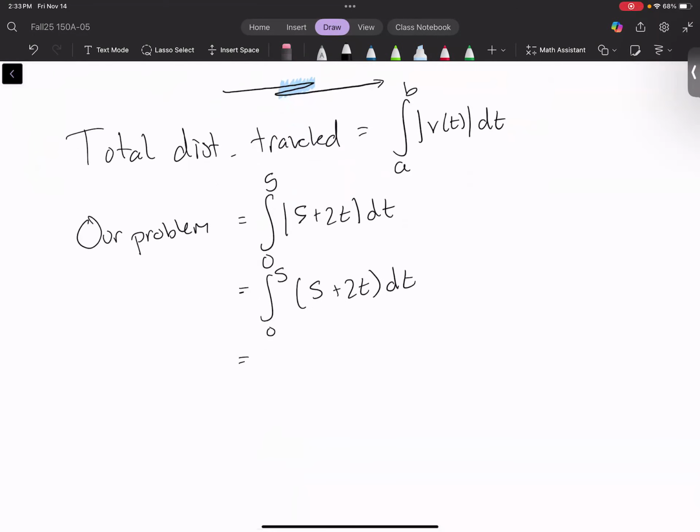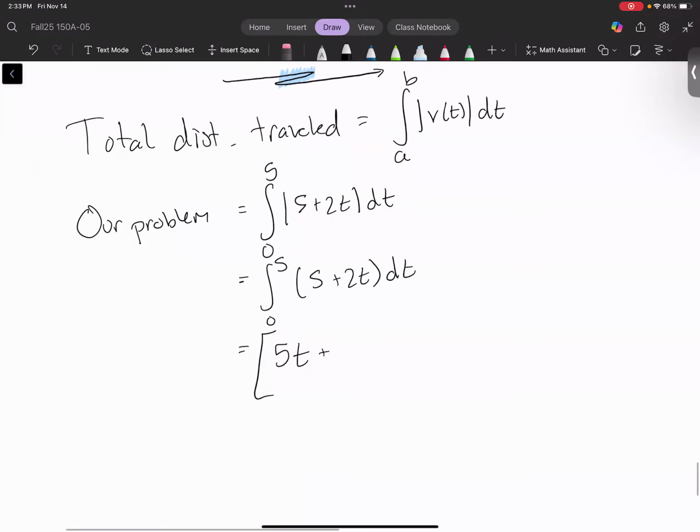Okay, so the antiderivative of a constant like 5 is simply 5t. Now, the 2t, the plus 2 hangs along, and then for t, I add 1 to the exponent, which is 2, and I divide by the new exponent. I'm going to plug in 5, so I have 5 times 5 plus 5 squared.